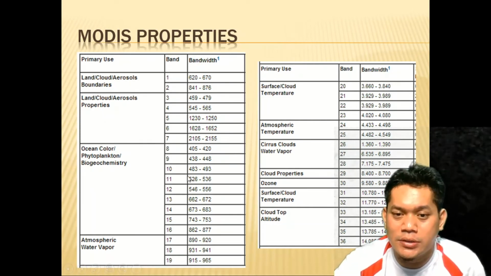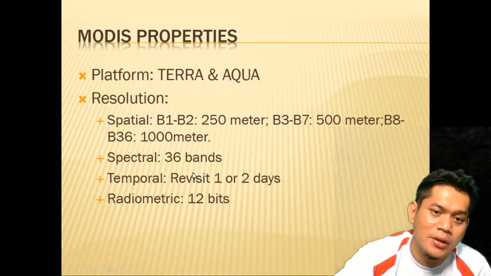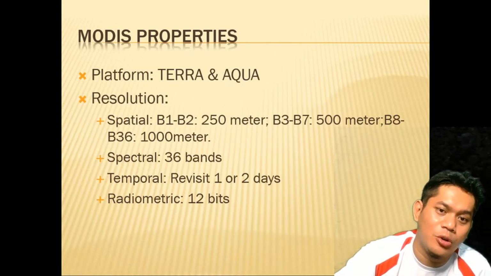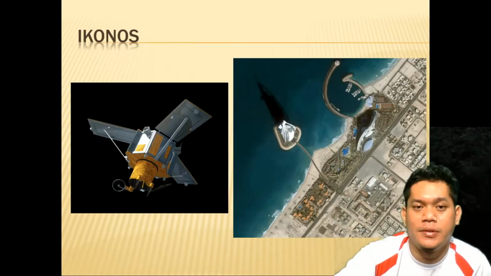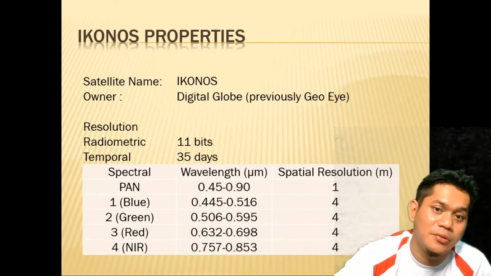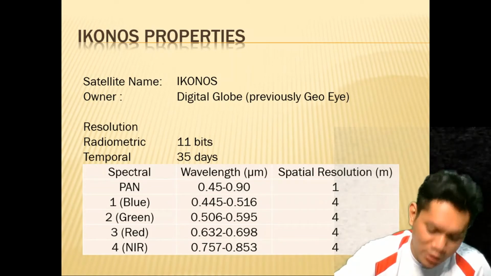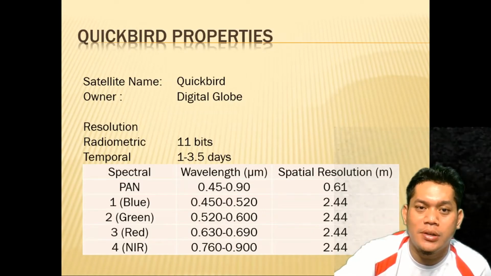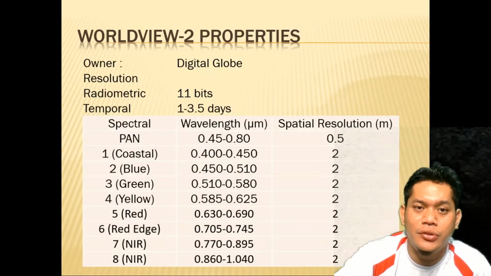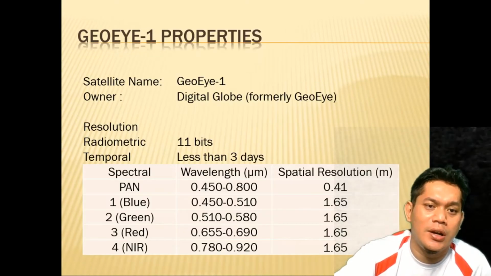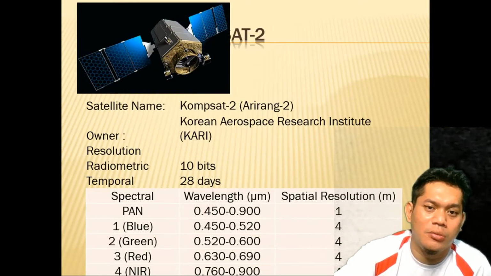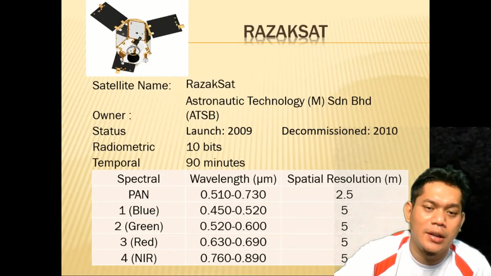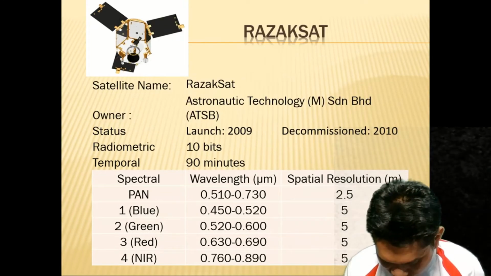However, the spatial resolution is very low, about 450 meters per pixel up to 1 kilometer per pixel. And IKONOS is a very good one. It's a commercial satellite. You can buy it, but it's quite expensive. QuickBird as well, and WorldView 2, GeoEye, composite, LIDARs.